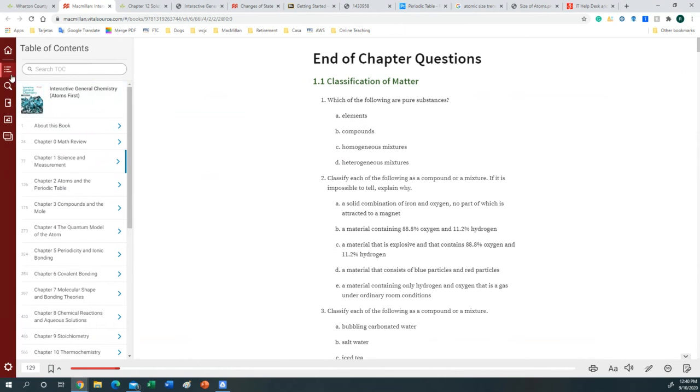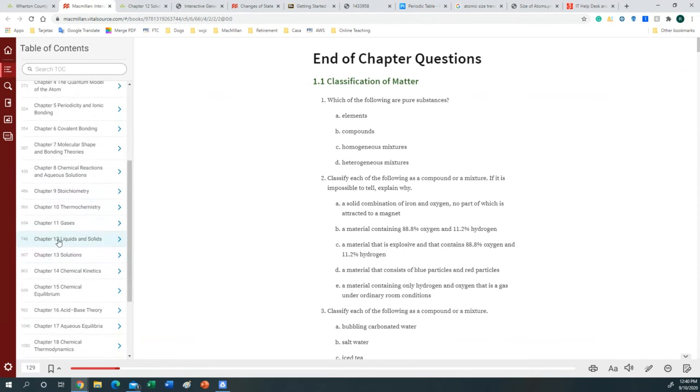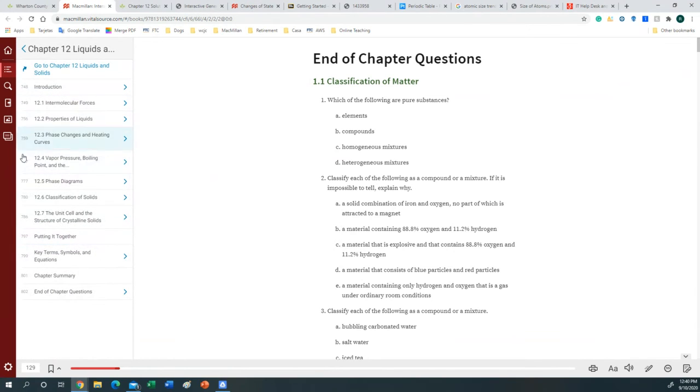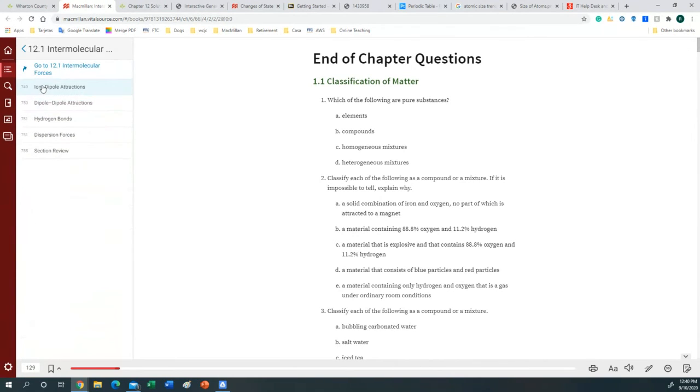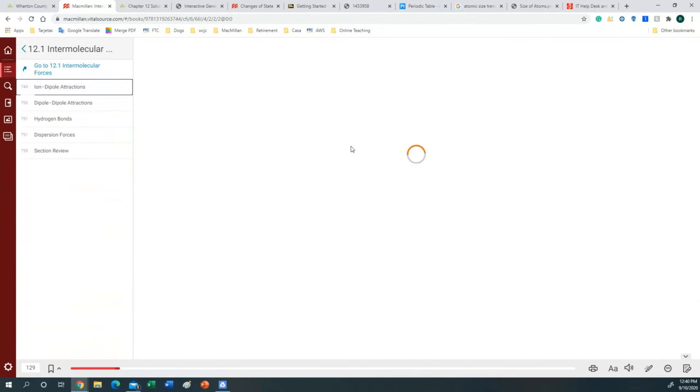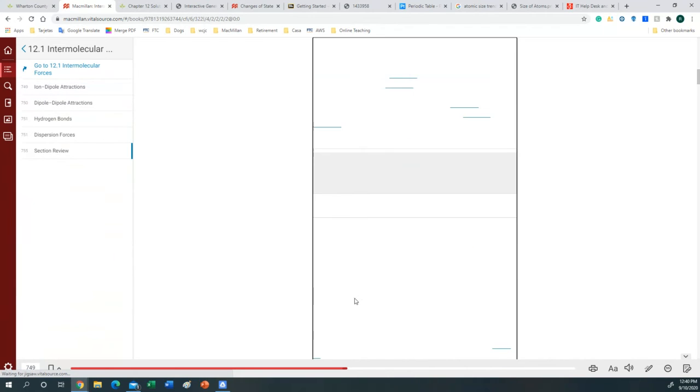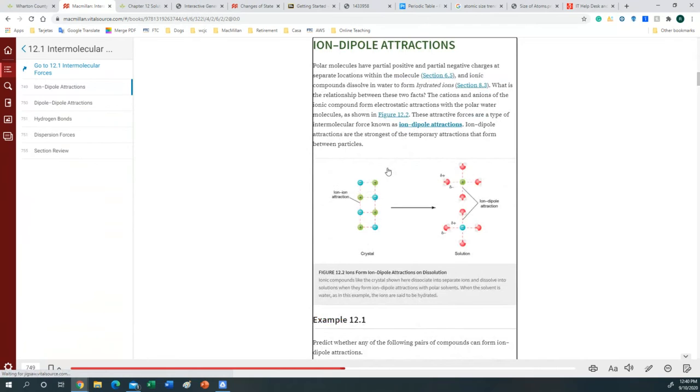So for example, I want chapter 12, right? This is divided by section. This week we are covering 12.1 to 12.3, so you can read section by section, piece by piece, what's going on here. What I like about this is that, for example, it says here, molecules have partial positive and partial negative charges at separate locations within the molecule.